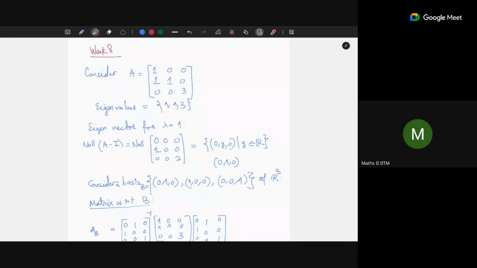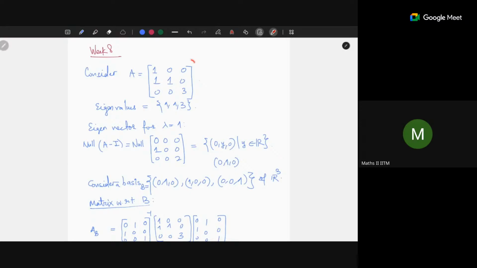In today's discussion, we will continue our discussion on diagonalization, and we will prove a theorem which says that for a given matrix representation there exists a basis so that with respect to that basis the matrix representation of the operator has an upper triangular matrix representation. Okay, so let's start with an example.